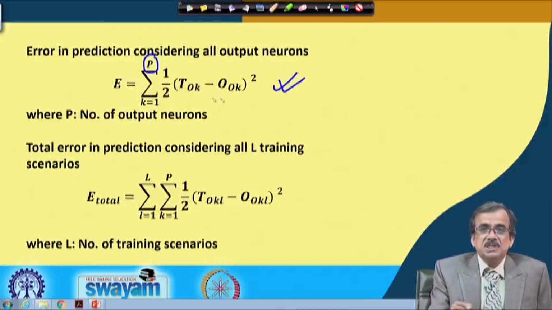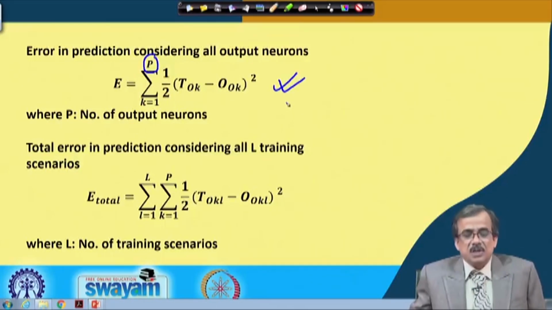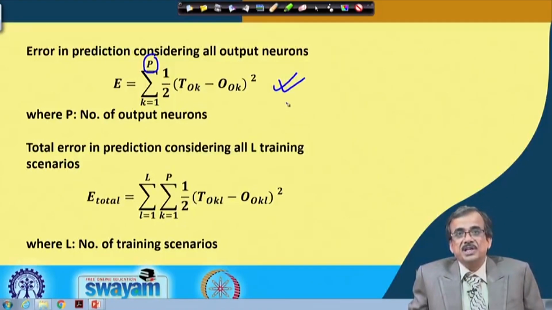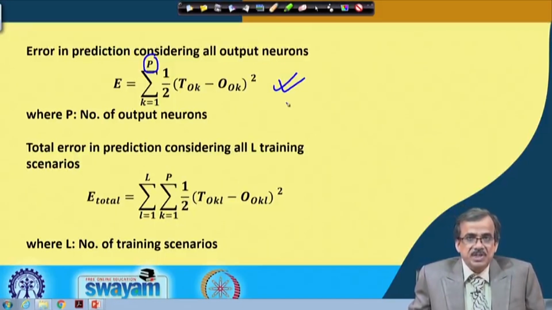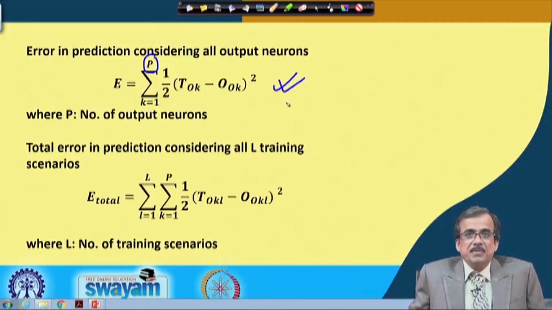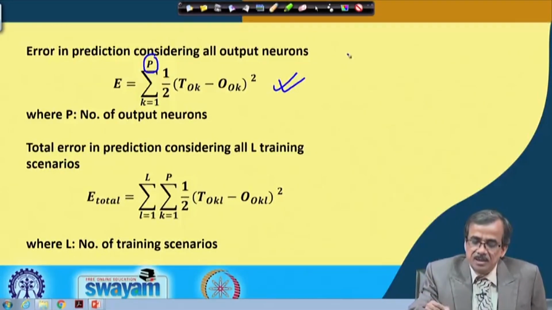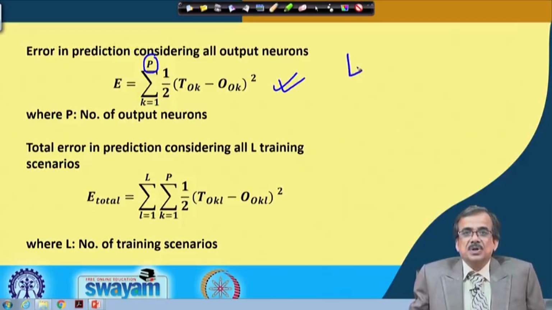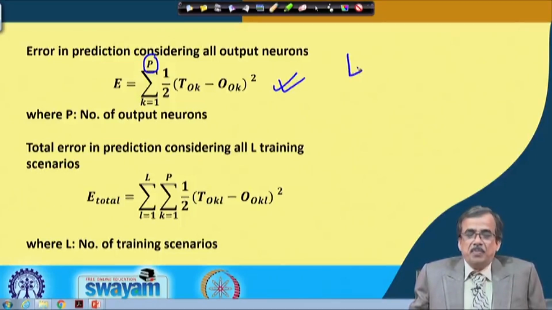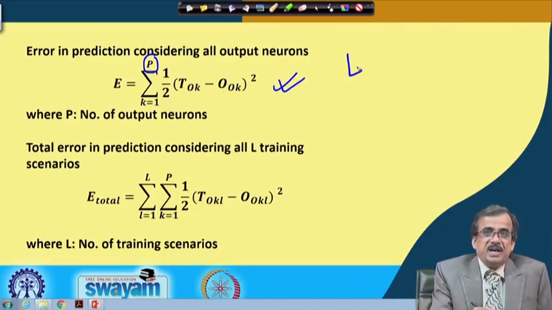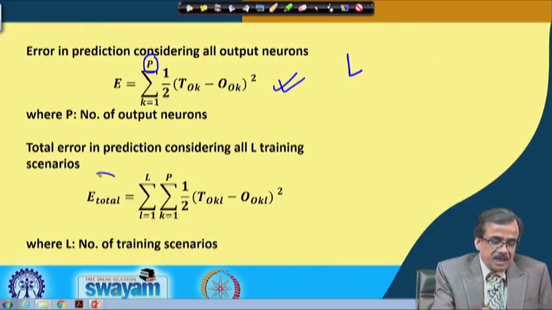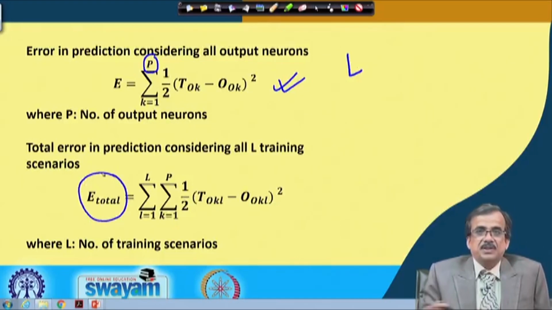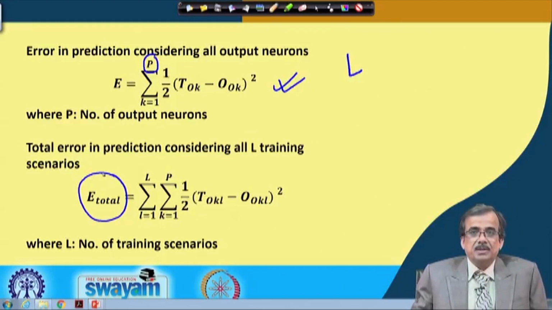Now, this total error corresponds to only one training scenario, that is, only one set of inputs and outputs. Supposing that we have capital L training scenarios, we will have to pass all the training scenarios one after another, and find out the total error after passing all capital L training scenarios, denoted by E total.